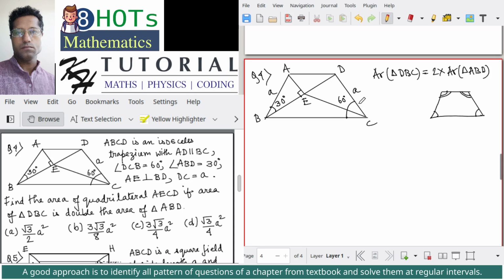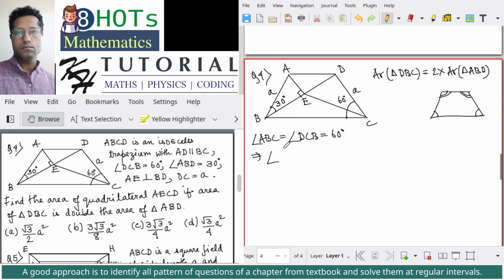So DCB is 60 degrees, so definitely angle ABC must be equal to angle DCB, which equals 60 degrees.